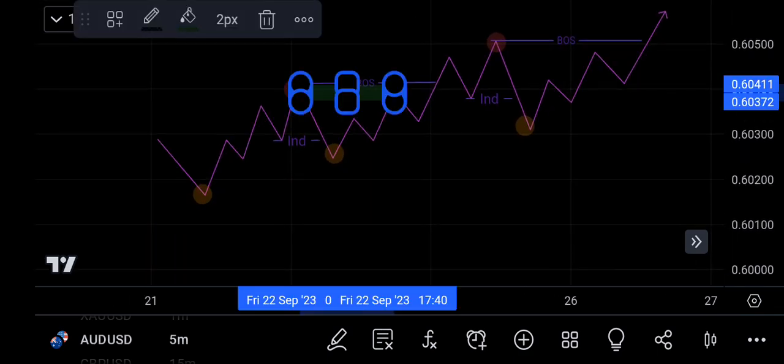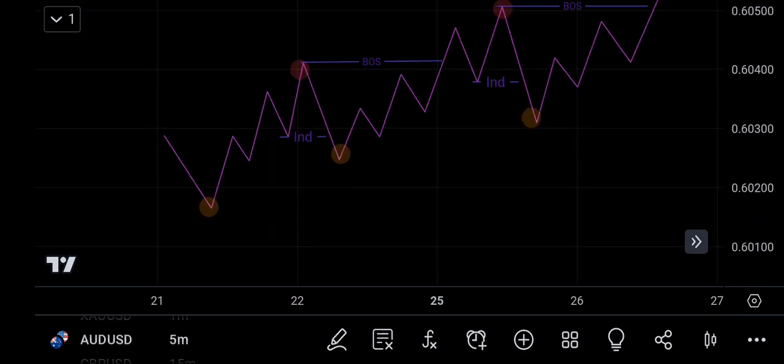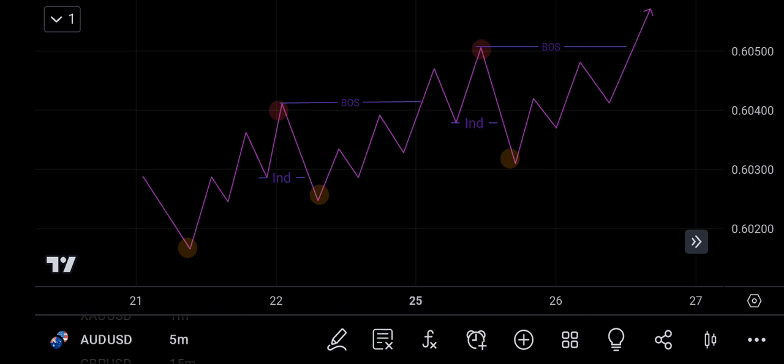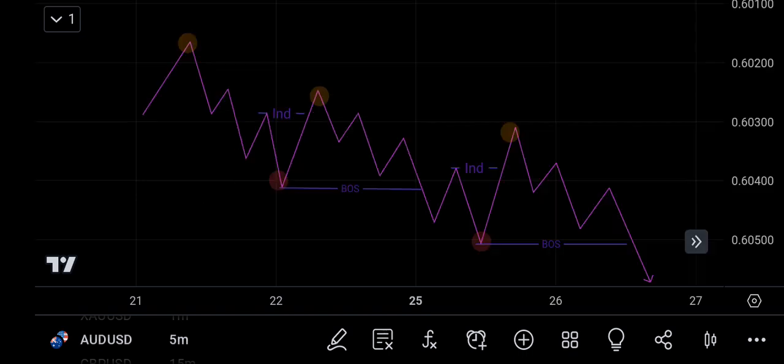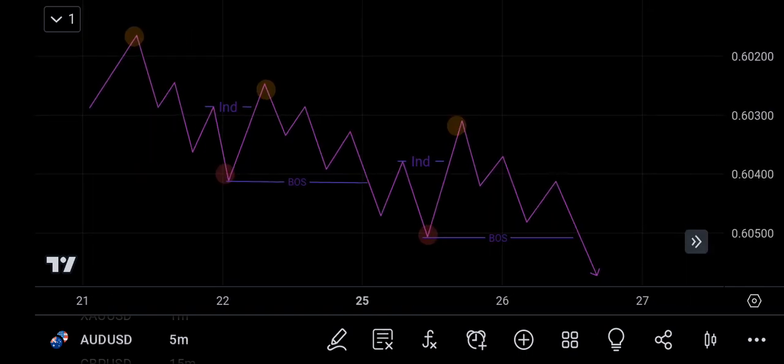A swing high is confirmed when the market takes out the most recent pullback, and a swing low is confirmed when the market breaks structure, in an uptrend. In a downtrend, a swing high is confirmed when the market breaks structure, and a swing low is confirmed when the market takes out inducement. So just don't confuse yourself, it's simple logic, very simple stuff.